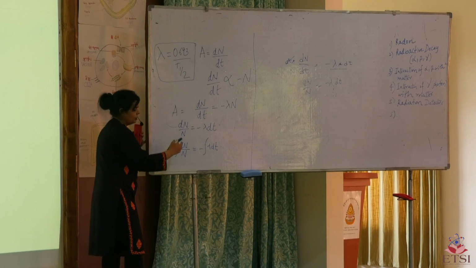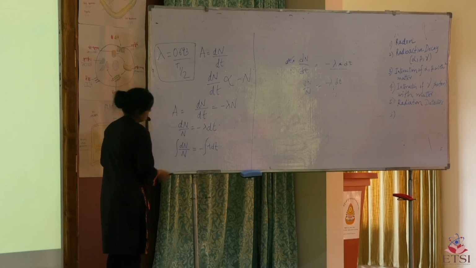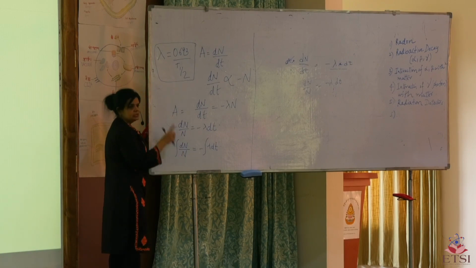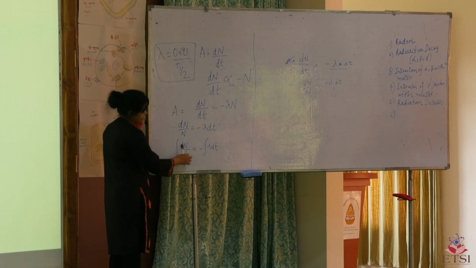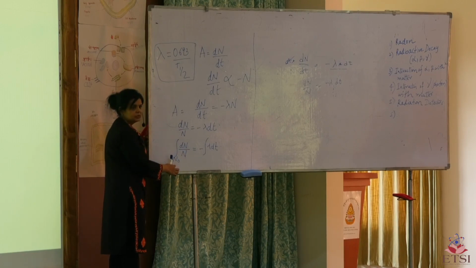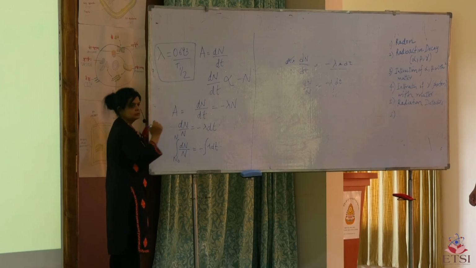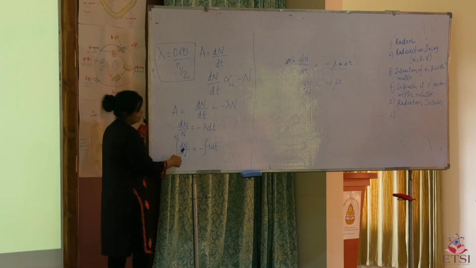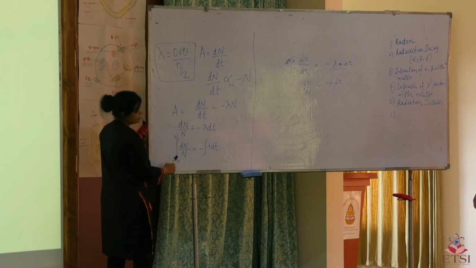Now it has to go from lower value to higher value on both sides. So let's say the number of atoms initially was n naught. Because there is n, so I'm writing n naught values. And after some time, it became n. On this side, for the time, I have t, so I have to put, when was this n naught?